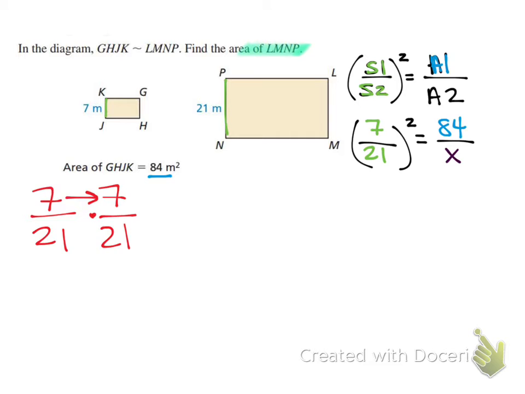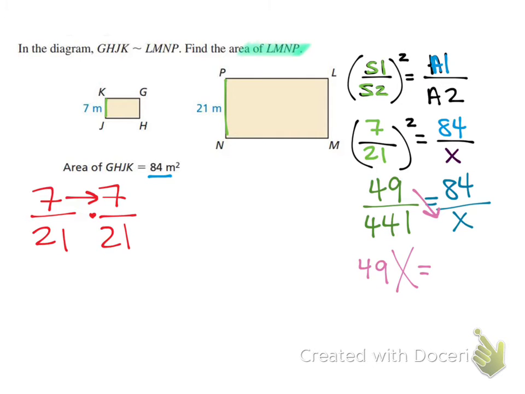So that's what we're going to do. 7 squared is 49, and 21 squared, 441, equals 84 over X. Cross multiply, we get 49X equals a large number.